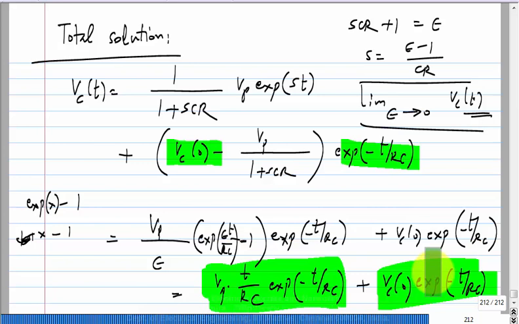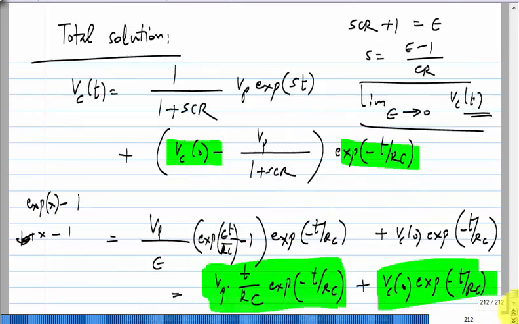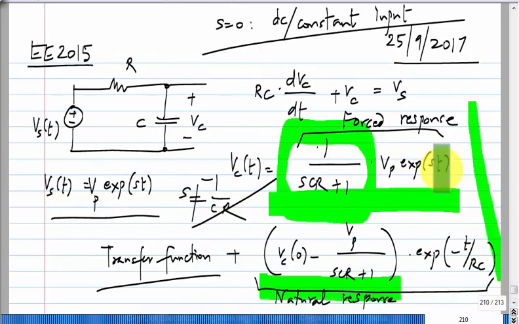In fact, the natural response of a second order system would look like either this one or that one, with some specific value for s, which depends also on the internal components. Basically, it consists of two exponentials, exponential st and exponential minus t by RC.